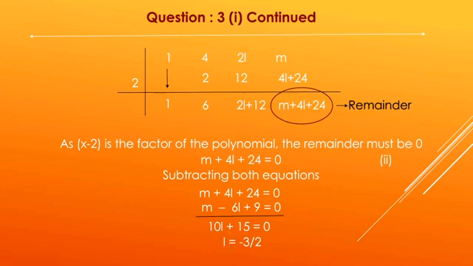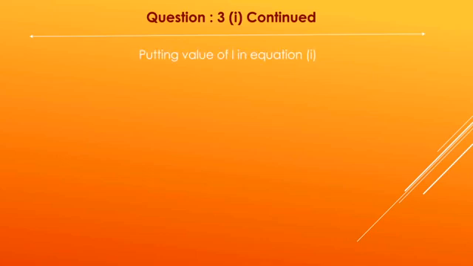Now we have to find the value of m. So it's very easy. We can put L is equal to minus 3 by 2 in either equation 1 or 2, and we can find the value of m. So putting the value of L in equation number 1: m minus 6L plus 9 is equal to 0. 6 will be cancelled with 2.